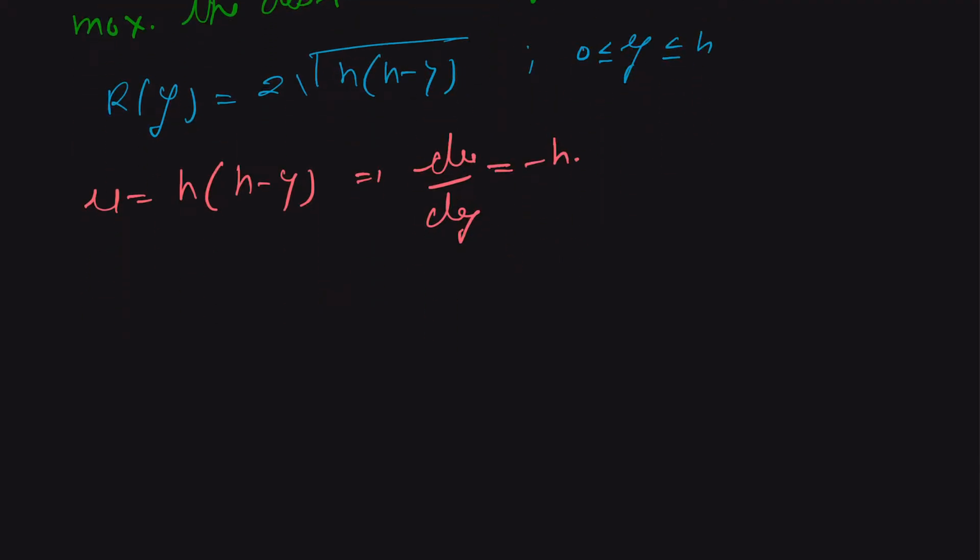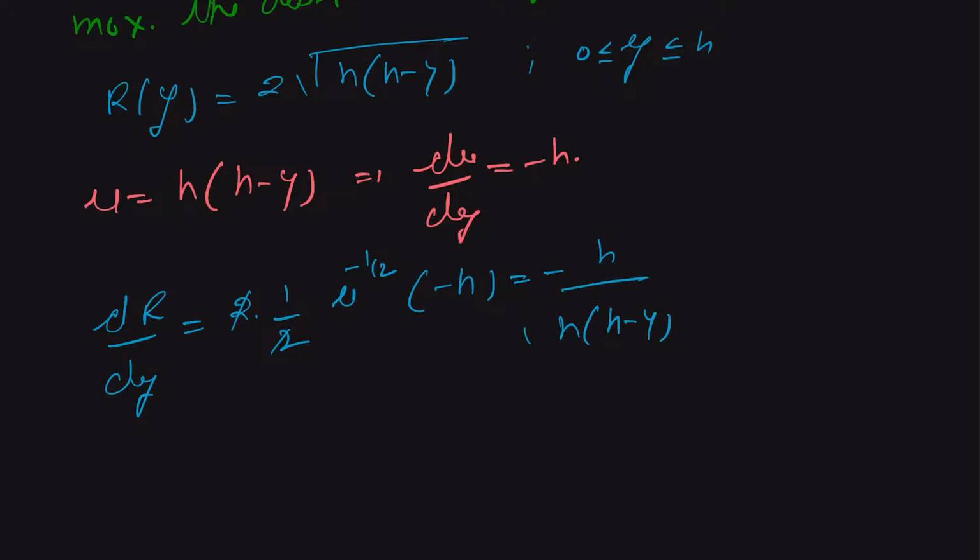Therefore we can say that our dr with respect to y will be equal to 2 times 1 by 2 times u to the minus 1 by 2, multiplied by h. So we substitute back our u, so this 2 and 2 cancels out, so we get minus h upon the square root of h minus y. So this is the value of this derivative.